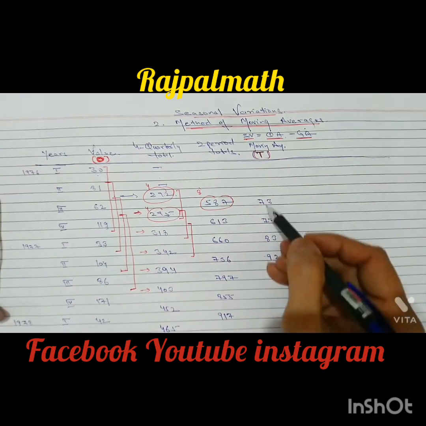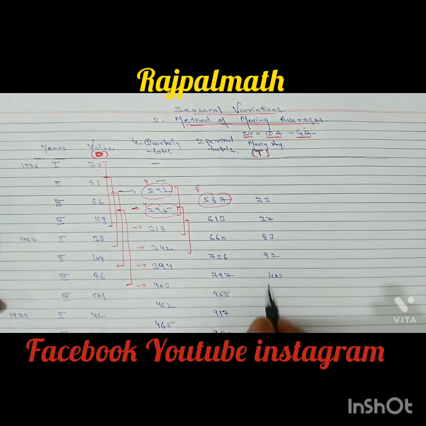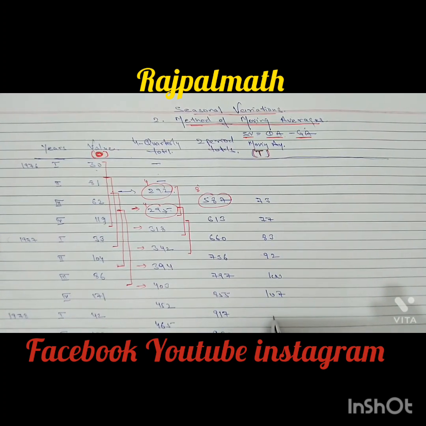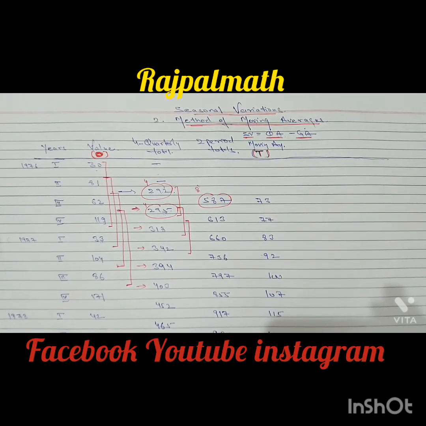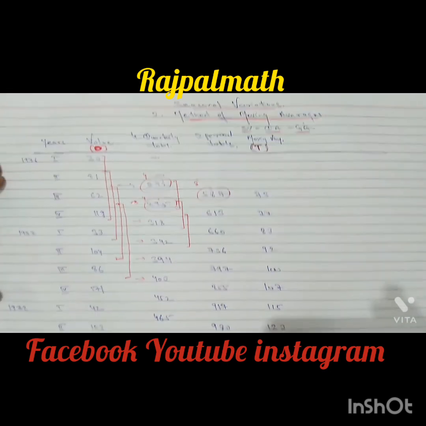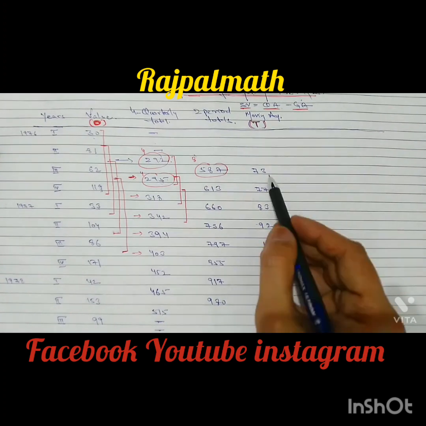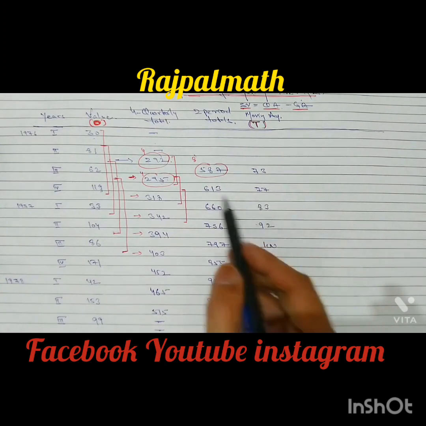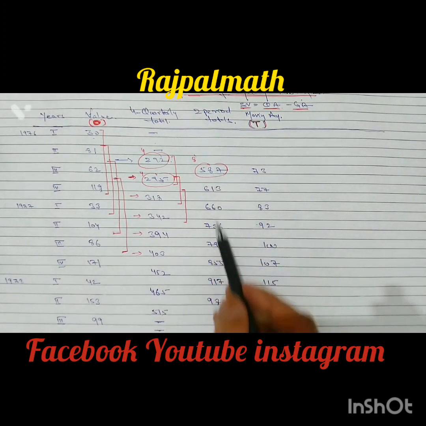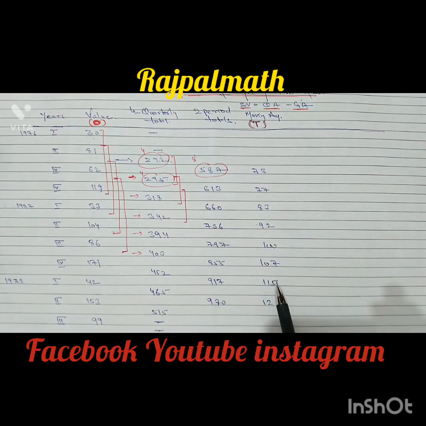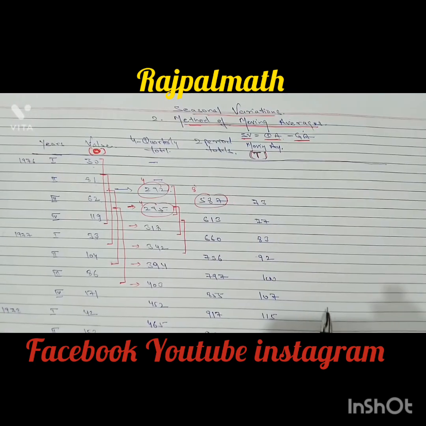And for next 107, for next 115, for next 123, for next 123. These are trend values. By dividing this column by 8, we get this.